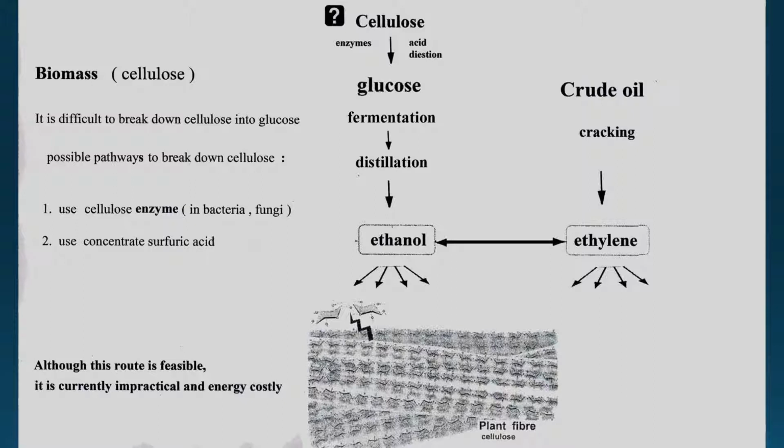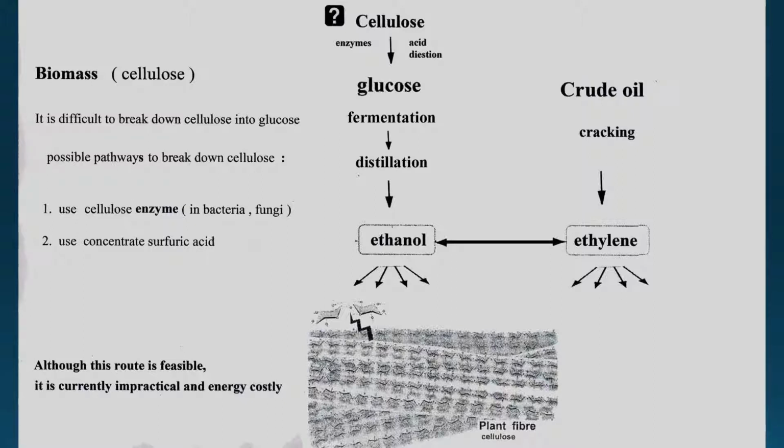Glucose. They bind together through condensation. I hope students still remember this type of polymerization. And then think about if I can break up this cellulose back into individual glucose, now I can do it through fermentation.